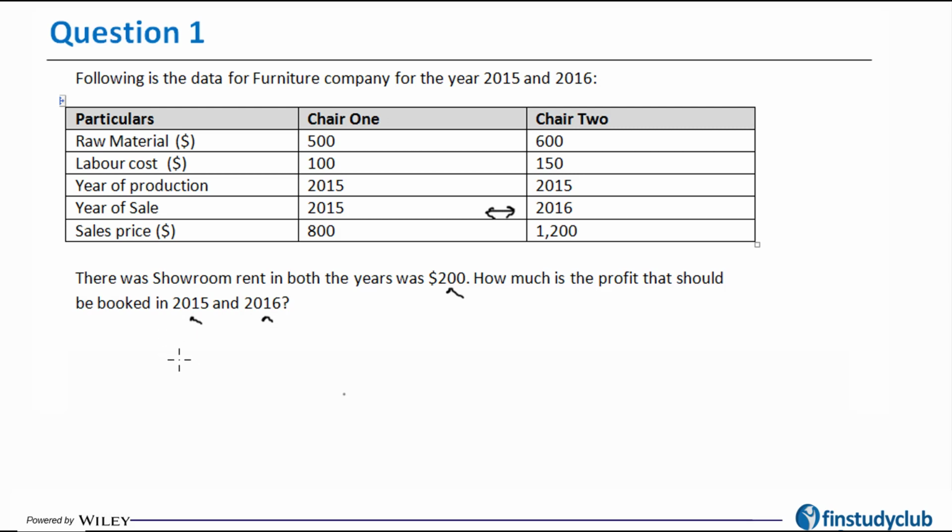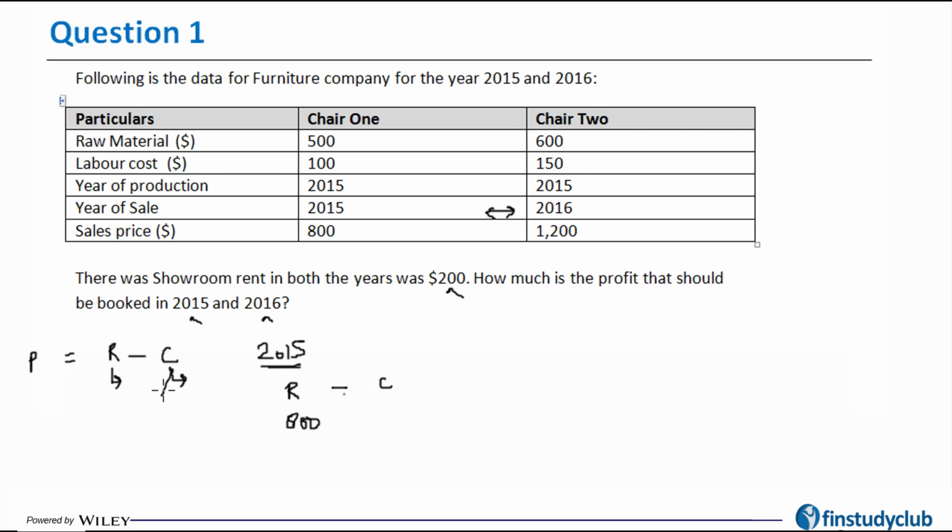Now you would recall that in revenue recognition, in your readings of the income statement, you were told to learn that revenue minus cost is equal to profit. So there were rules for revenue recognition and there were rules for cost recognition as well. I'm talking about 2015. Only Chair 1 has been sold, so the revenue equal to 800 will come into the picture.